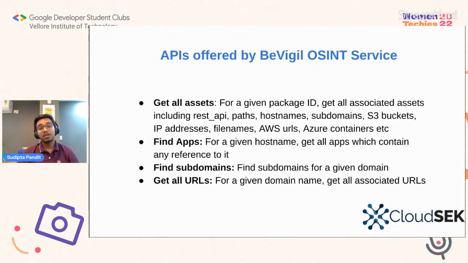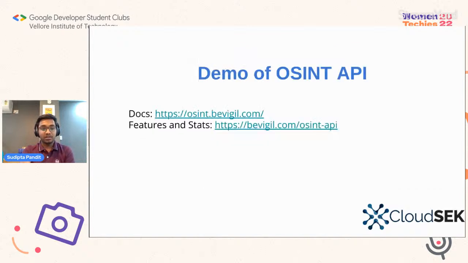But find apps is kind of reversed. Here you put in the domain name and it will give you all the packages which have that domain name inside the source code. Find subdomains will give you subdomains for a given domain, and URLs is kind of the same. It will give you URLs for a given domain.